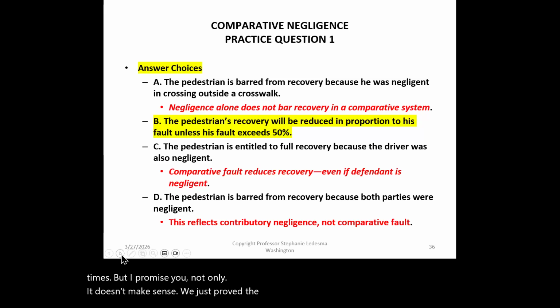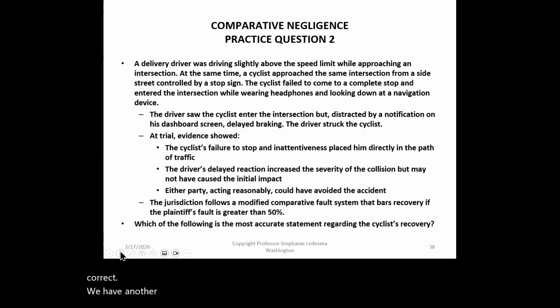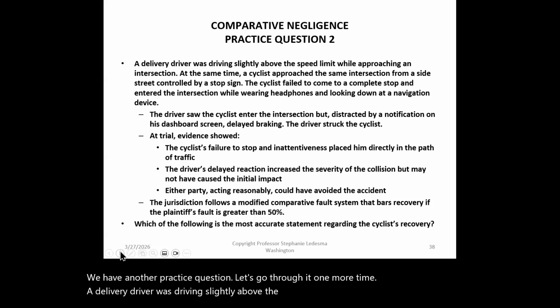Okay. And I tell you here that the answer is B, and there are explanations as to why A, C, and D are not correct. We have another practice question. Let's go through it one more time. A delivery driver was driving slightly above the speed limit while approaching an intersection.